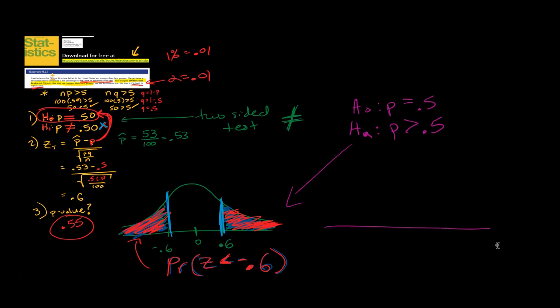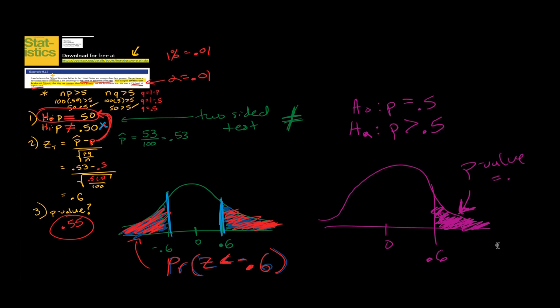If I had greater than 0.5, then I would only be concerned about the greater than side of 0.6, so I would only need to know what is in this tail. We calculated both tails, about 0.27, so the p-value would have been 0.27 if it was a one-sided test.